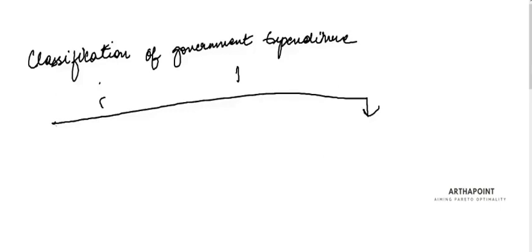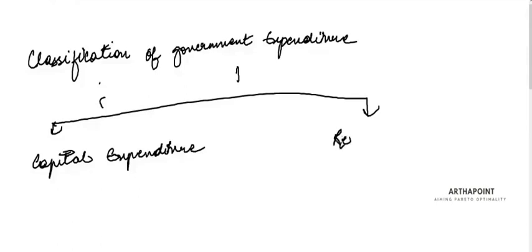The first type that we have is called capital expenditure. And the second is known as revenue expenditure. Now, let's try and understand what is the difference between the two.